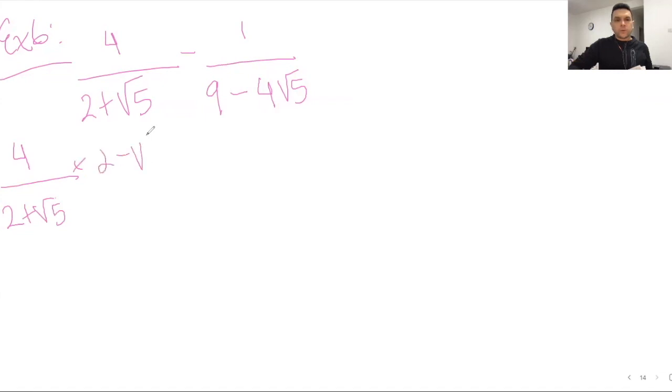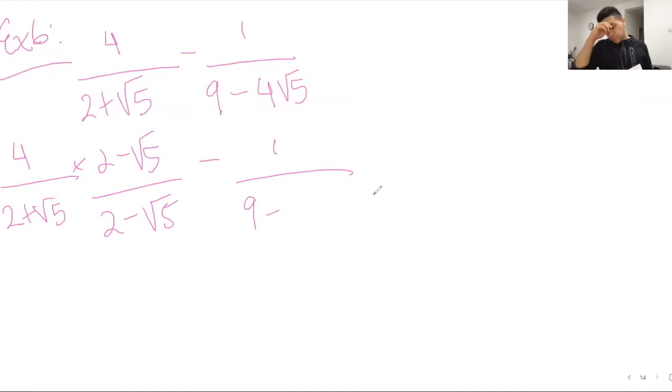Two minus the square root of 5 divided by 2 minus square root of 5, then minus 1. I'm going to bring that 4 inside the radical. So 16 times 5, 80. So this would be square root of 80, and multiply 9 times.